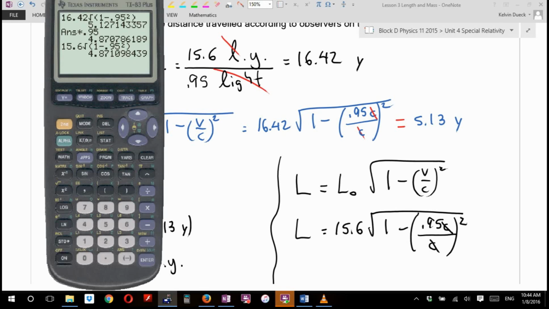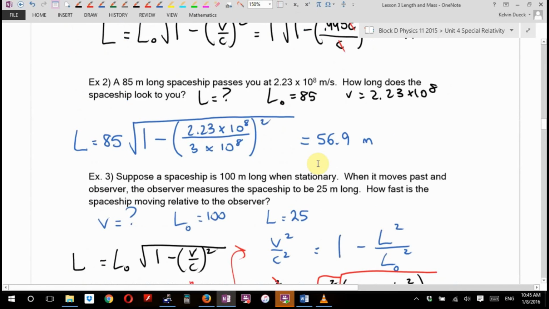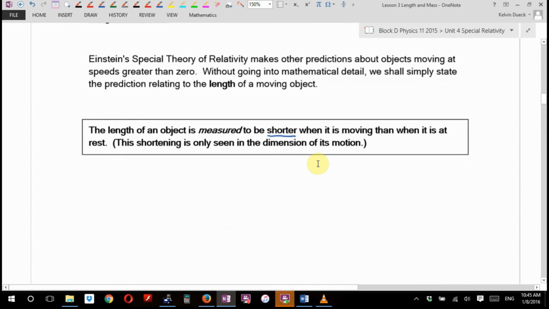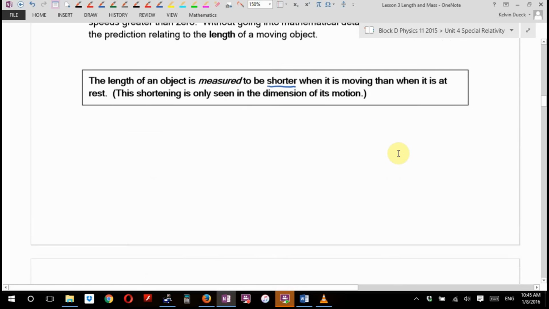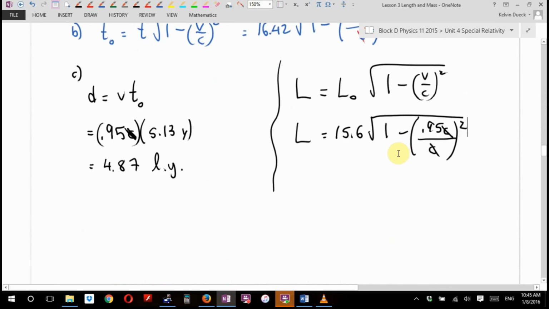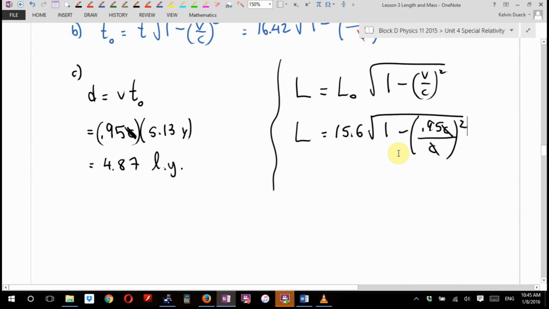I'm just going to hit pause for a second. I said to you, without going into mathematical detail, there's the mathematical detail. We proved it 2 different ways and got the same answer 2 different ways. It's a natural consequence of the time dilation.